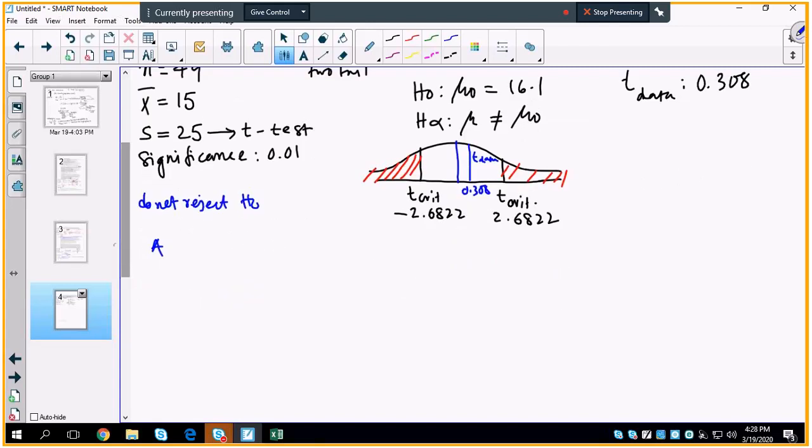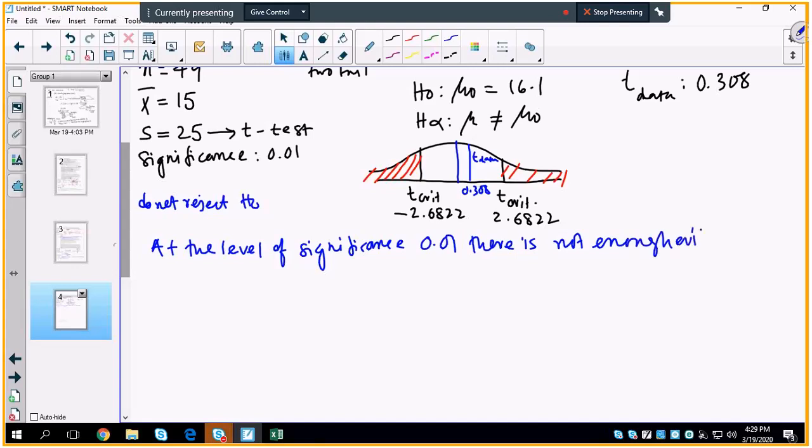And at the level of significance, this one is 0.01, there is not enough evidence to reject the null hypothesis.